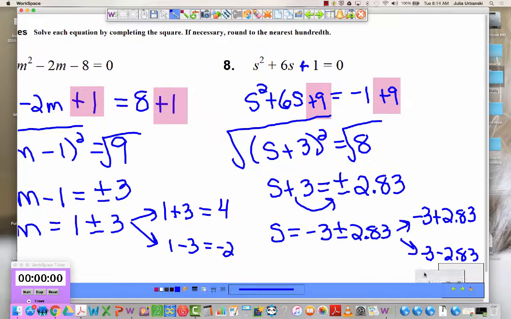Use your calculators to find both of those answers. This one's -5.83 because it's just a whole number that's being added.